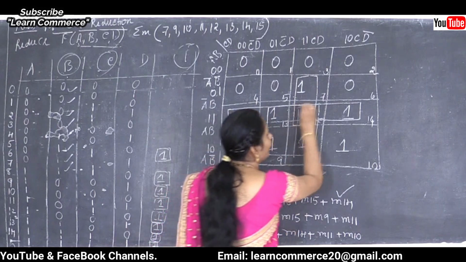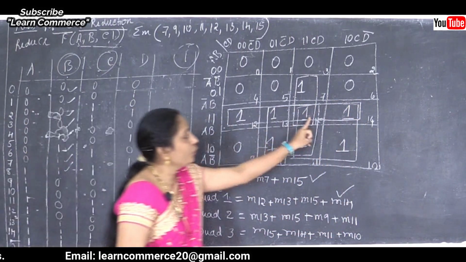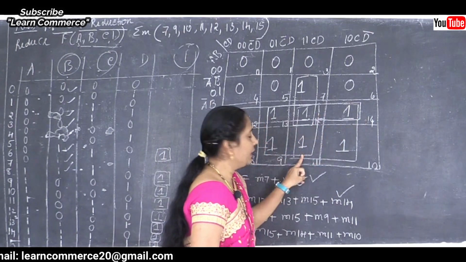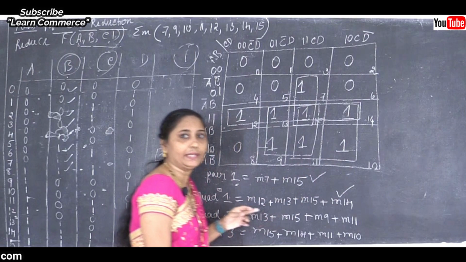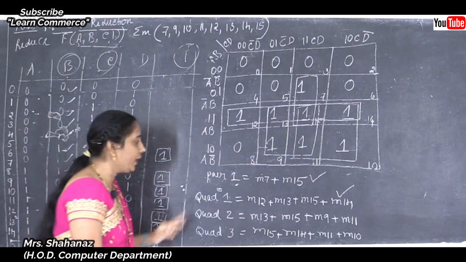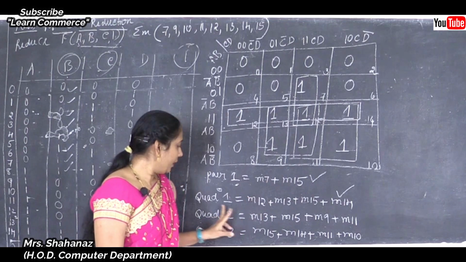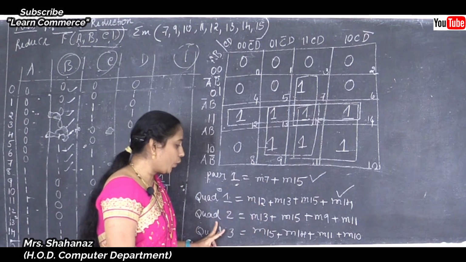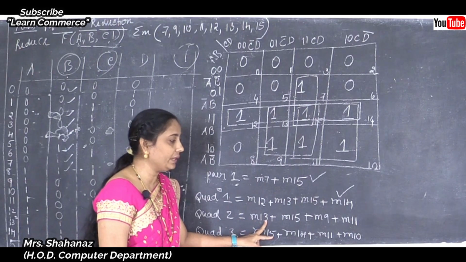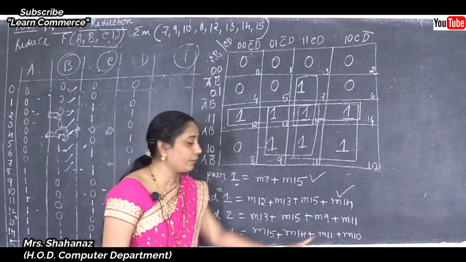So the third quad is 15, 14, 11 we already took. Now just by taking this one we can make it as the third quad. Okay. So again I am repeating: pair 1 is 7, 15; quad 1 is 12, 13, 15, 14; quad 2 is 13, 15, 9, 11; quad 3 is 15, 14, 11, 10.